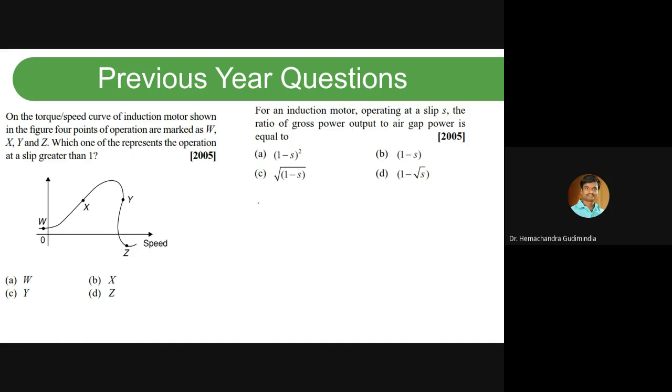Air gap power I will take as PAG, and the rotor copper loss is equal to slip times air gap power.